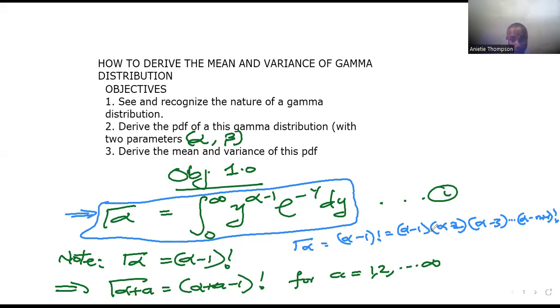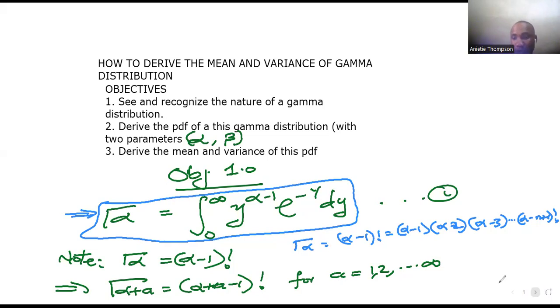That is what I'm trying to show you first, because you are going to see this coming in our subsequent lessons. Also, gamma of alpha plus a is equal to alpha plus a minus 1 factorial, for a being a number from 1 to any number up to infinity.